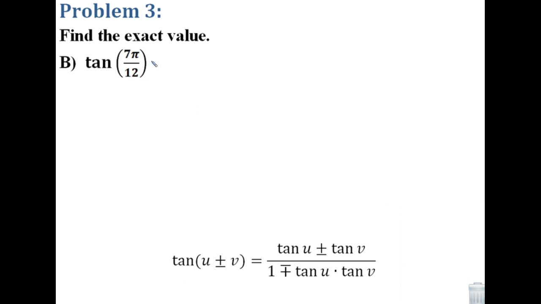All right, so going through B, tangent of 7 pi over 5 is the same thing as the tangent of 105 degrees if I convert. Which, if we rewrite in terms of 30s, 45s, and 60s, we could say is the tangent of 45 plus 60.